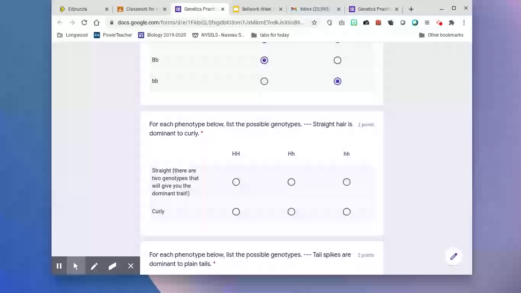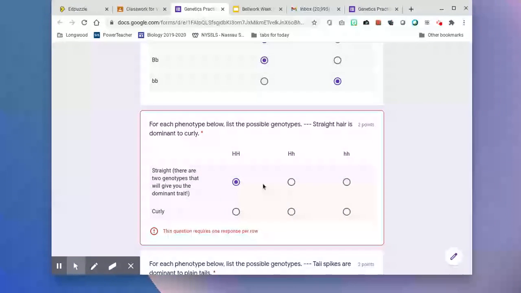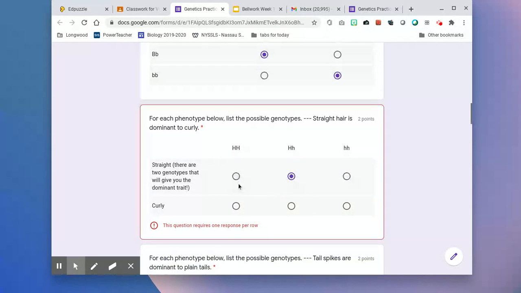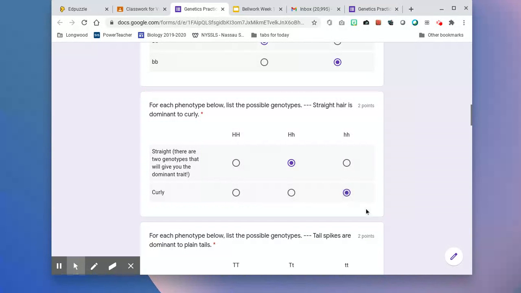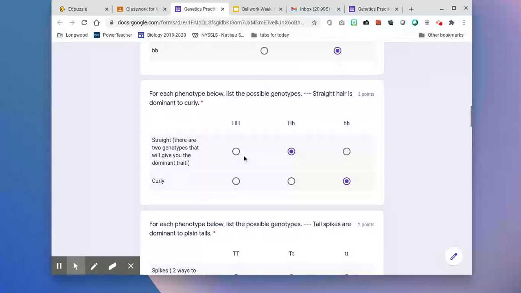There are two genotypes that will give you the dominant trait. So if I want to guess what genotypes will give me straight hair as my phenotype, it would be capital H, capital H, and capital H, lowercase h. Okay? And then for curly, it's going to be little h, little h. So on the top, you could have picked either one.